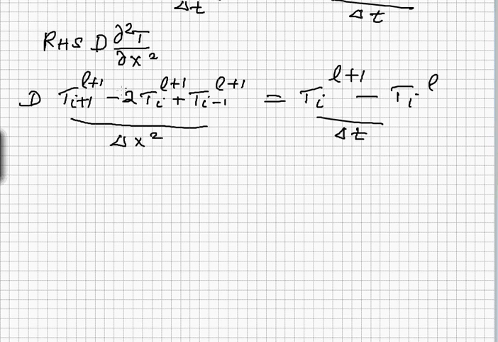The major difference is that in the previous explicit formulation, we used Pti+1, Pti, and Pti-1, but now we are going to use everything at the new time step level. If I were to draw a figure here, remember we were always moving between two levels. So if I were to draw that diagram, this is my lth level.